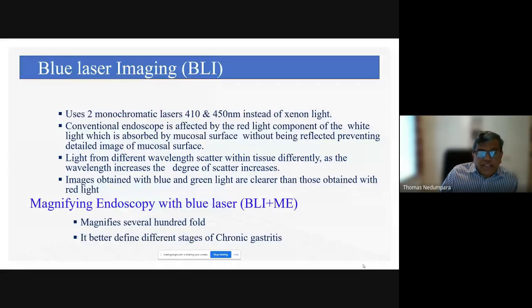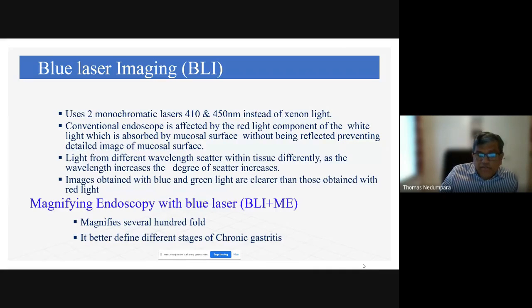So in order to increase the resolution of the returning light, we can use a monochromatic laser. Usually 410 and 450 nanometer wavelength is used. We can improve the resolution even further by using a magnifying endoscope.